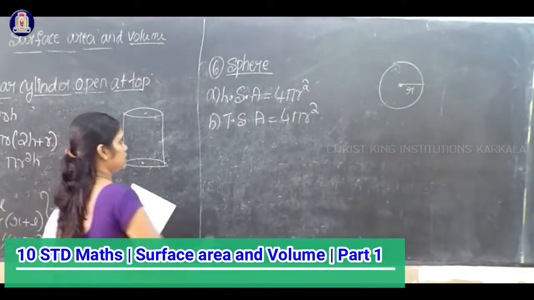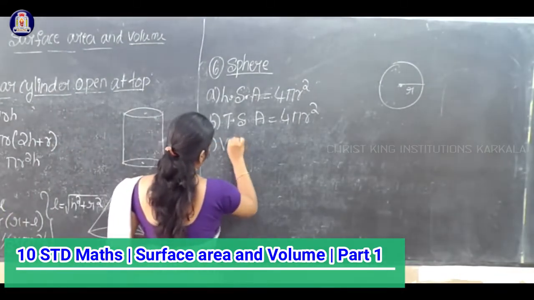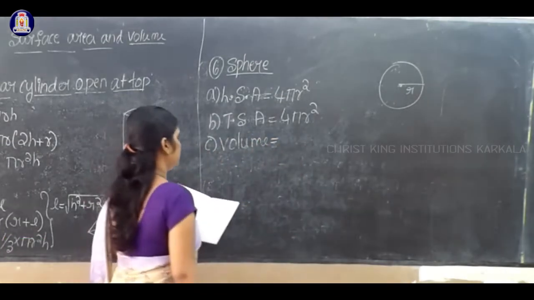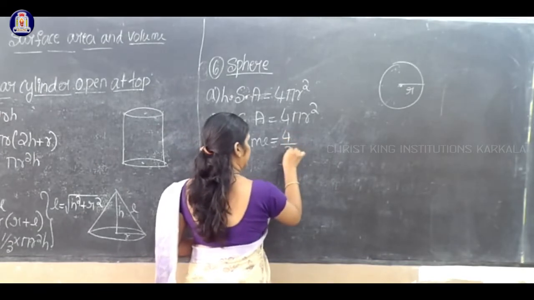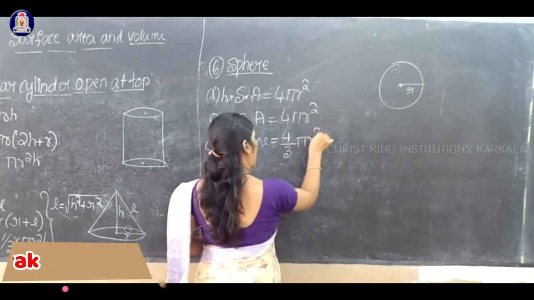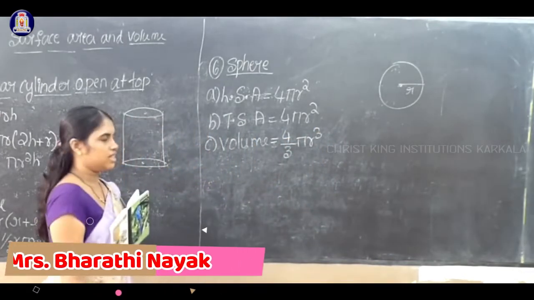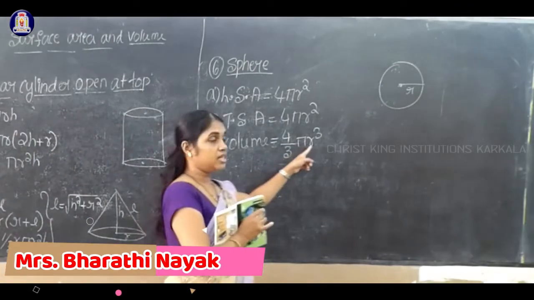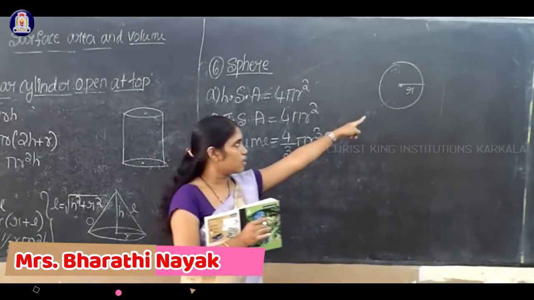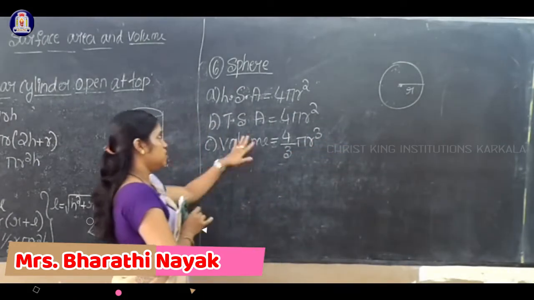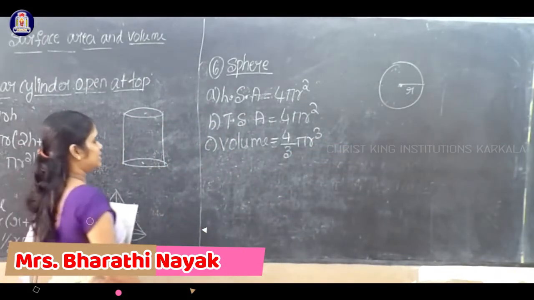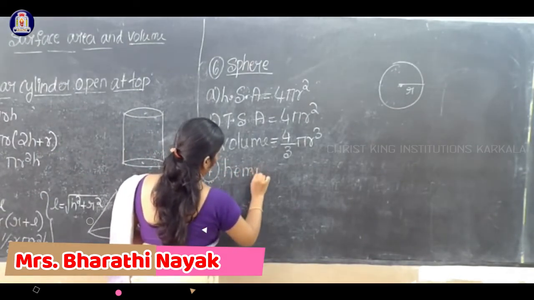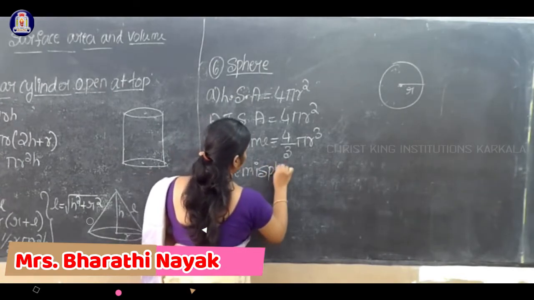Next, the third one, volume. Volume is given by 4 by 3 pi r cube. Next, the hemisphere. What is the meaning of hemisphere?